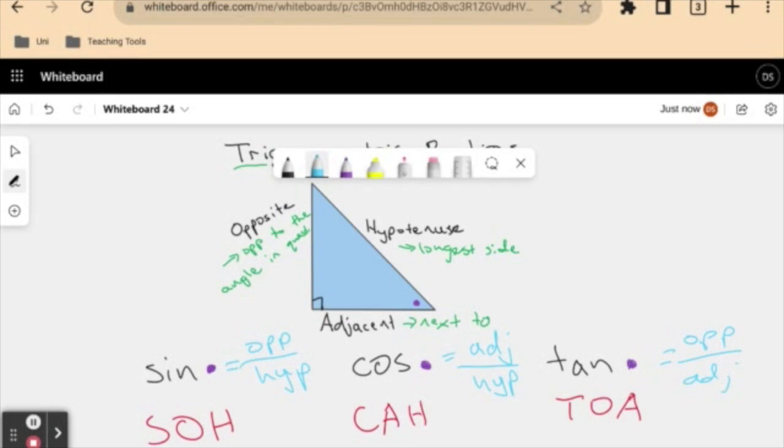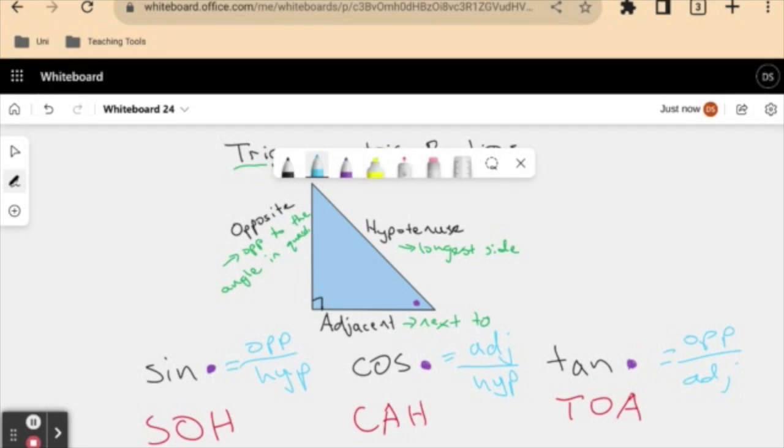Now, why does this matter? Why have I explicitly defined these things? Well, it allows us to solve certain problems. Now, I'm going to give you one example here of just how we can work through these types of questions.